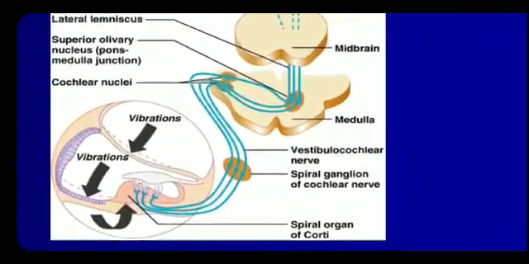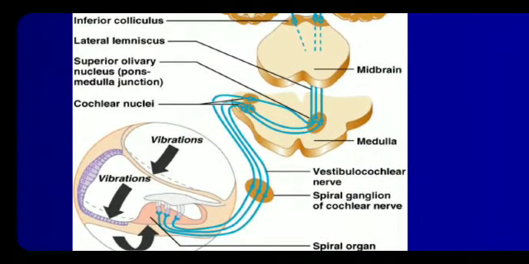The dendrites of these bipolar cells constitute the afferent fibers of the hair cells, and then the axons of these bipolar cells form the cochlear division of the eighth cranial nerve, and this ends in the cochlear nuclei in the medulla. You can see here in the diagram the cochlear nuclei in the medulla.